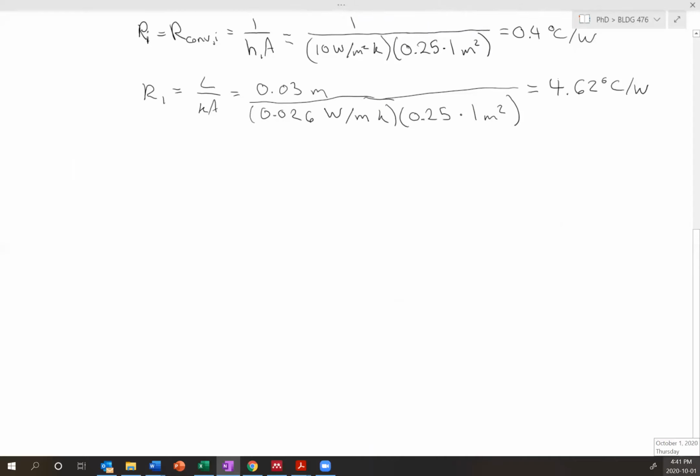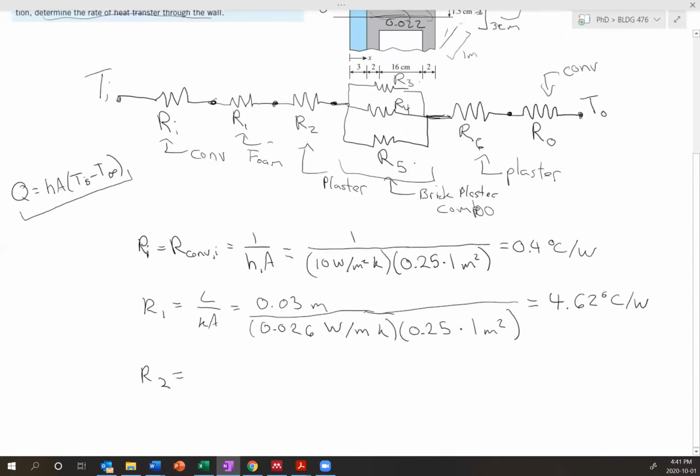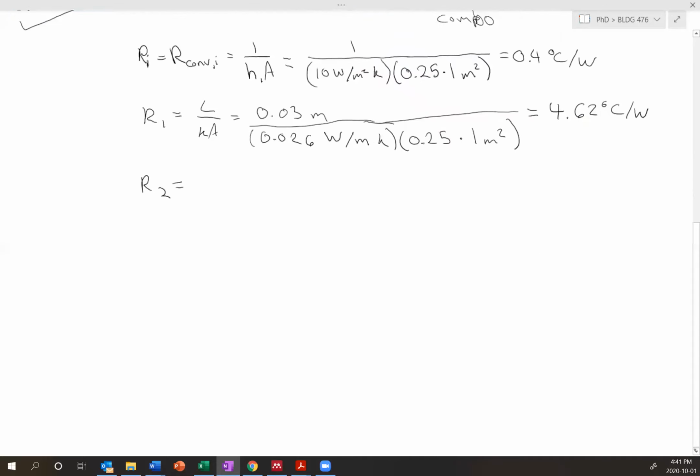So you can see this is a very high resistance, especially compared to the convection. As we go through, we can look at all the resistances. This becomes a little bit repetitive now. So our R2, this will save us a bit of time. Luckily, our R2 is equal to our R6 because it's the same plaster layer on each side. This is our 0.02 thickness.